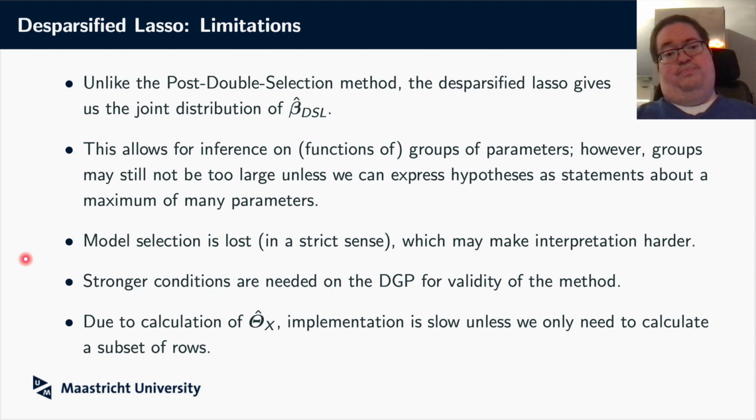Now, again, as I mentioned before, if we can express our hypotheses as statements about the maximum of parameters, and that can be the maximum of many or even all parameters, that is something you can indeed use this distribution for. There are results which show that this is still allowable. This of course is very nice, and it means it's quite a general method that you can use to do inference on lasso coefficients.